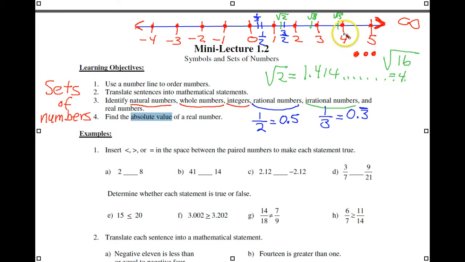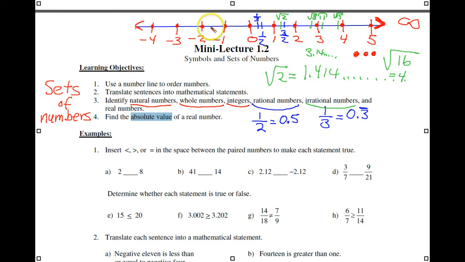Remember, 4 is a natural number, it's a whole number, it's an integer, and it's rational, because when we do the operation, the square root of it, it becomes one of these. Perfect squares under the radical sign. And another famous one, right over here, is pi, which is irrational, which is 3.14, and that continues, again, without repeating a pattern or terminating.